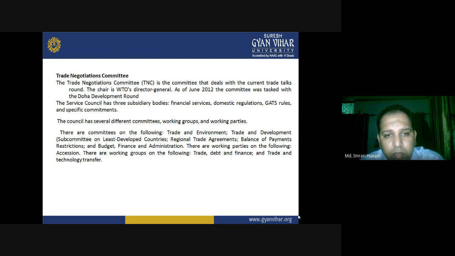There are several committees on the following: Trade and Environment, Trade and Development, subcommittees on least developed countries, regional trade agreements, balance of payments restrictions, and budget, finance and administration. There are working parties on the following: Accession. There are working groups on the following: trade, debt and finance, and trade and technology transfer.